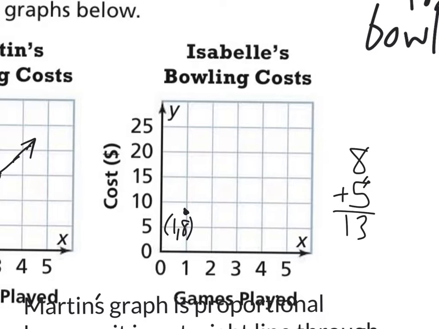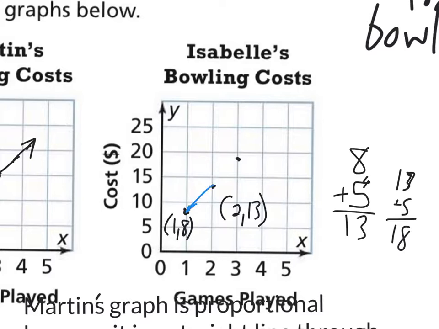So 2 games, $13. And again, we could label that point if you want. You could do one more point if you wanted, which would be another $5. So 13 plus 5 would be $18 for 3 games. Okay, if you want to do that, you can.